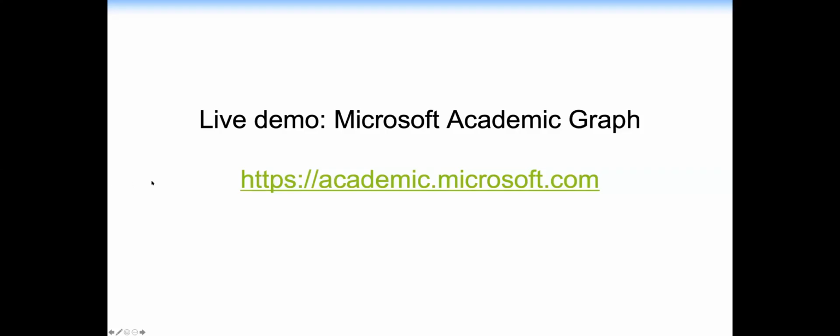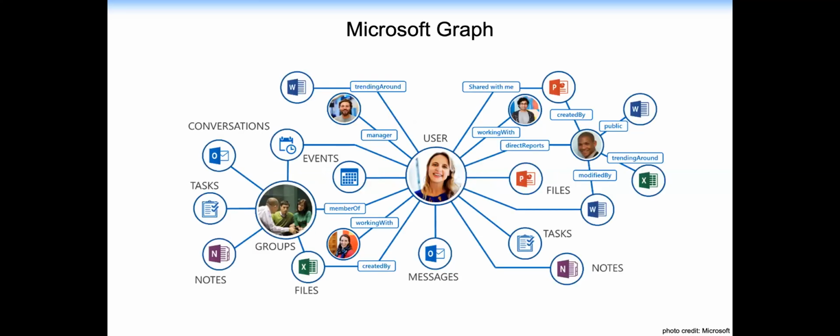And let me get back to the slide. Okay, so here is an example of an academic knowledge graph. In addition, we also host the Office graph that connects the different types of entities related to the Office applications like Word, Outlook, Excel, PowerPoint, things like that.